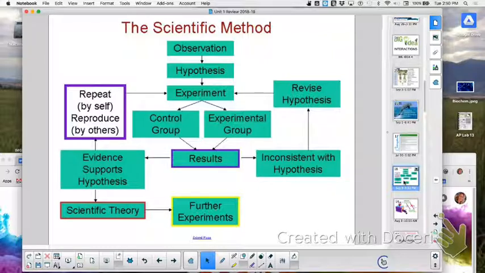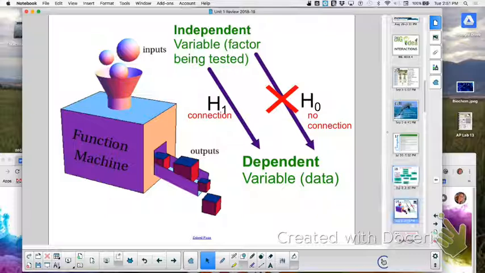Now, scientific method, you know, because every time we do a lab, right, you have a driving question, you have some background information that you need before you can write your hypothesis. We've looked at 2 types of hypotheses. What are the 2 types? Research and null. So research says there's a connection between the independent variable and the dependent variable. And a null says there's no. But they may not always actually think there's no, but they want to see that it has an impact on it.